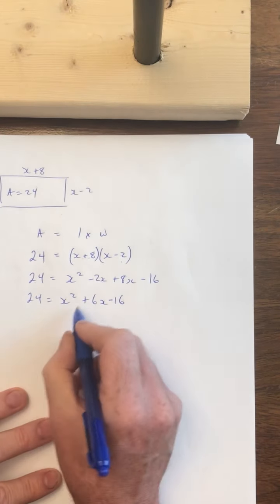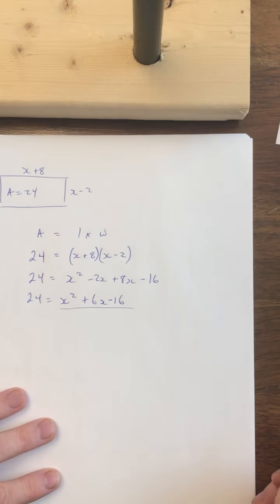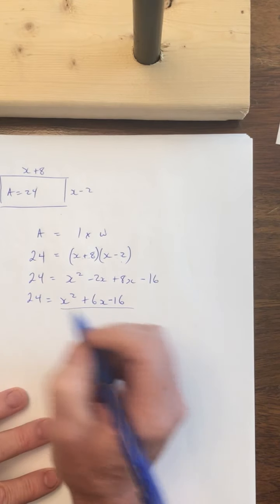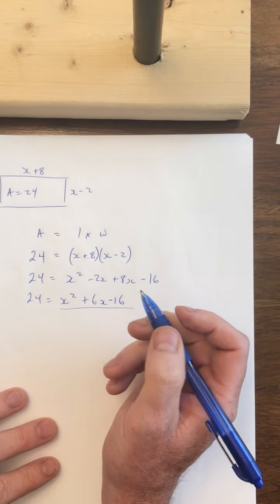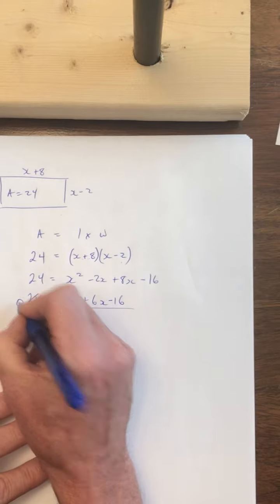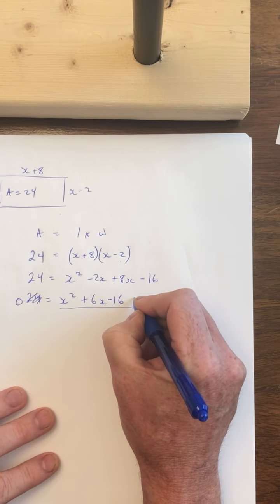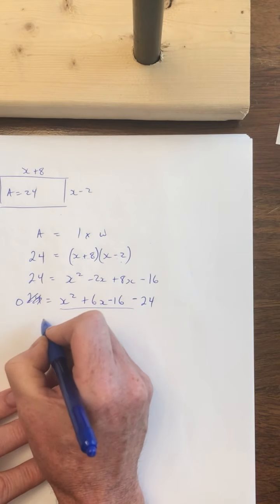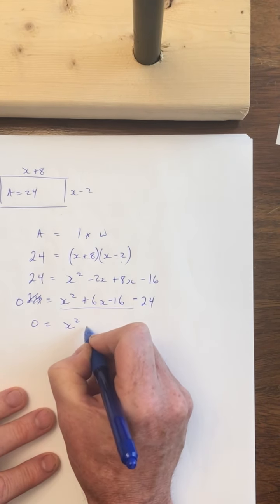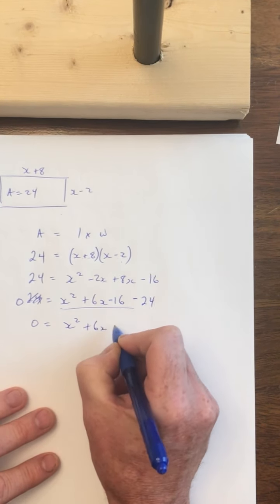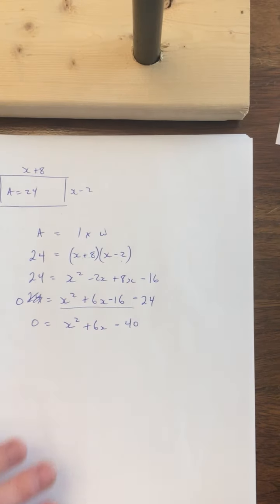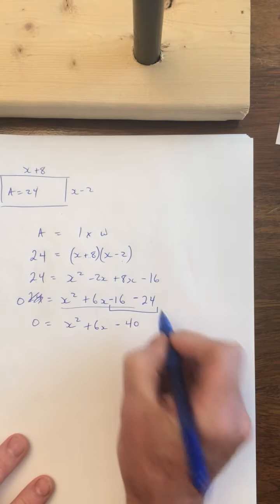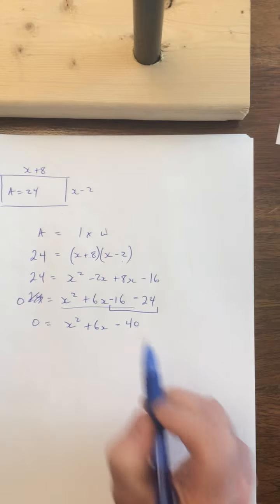All right, we can factor this. And before we do that though, we are going to move our 24 to the other side and simplify. So negative 16 minus 24 is minus 40.